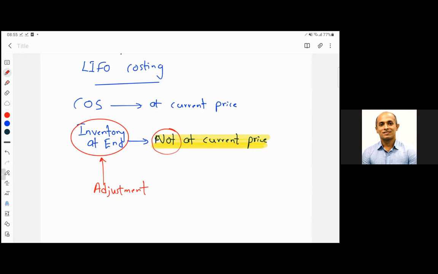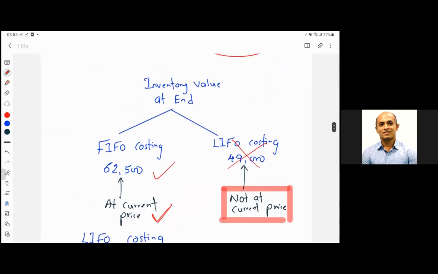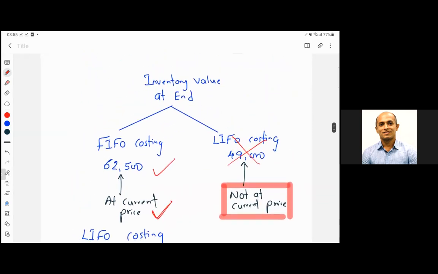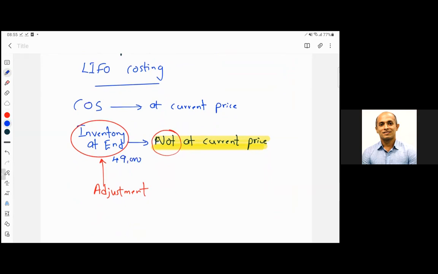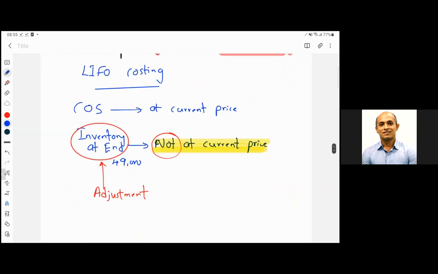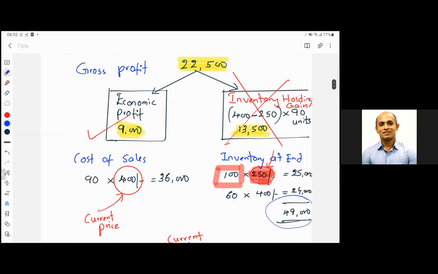If you go back to the previous example, you see the inventory value, LIFO inventory, is 49,000. How do you get this 49,000?